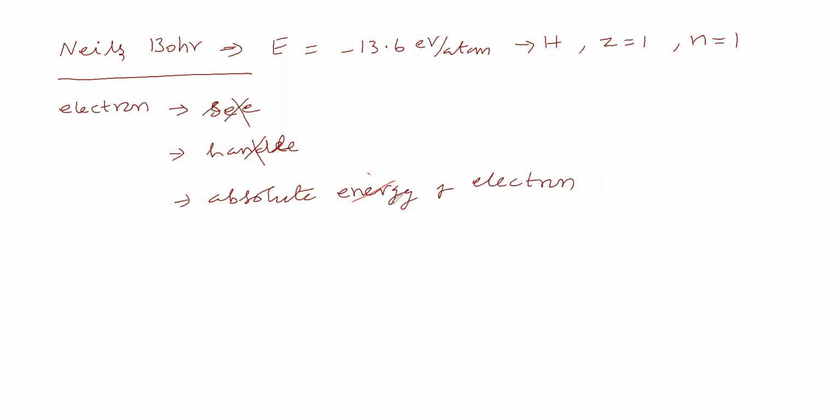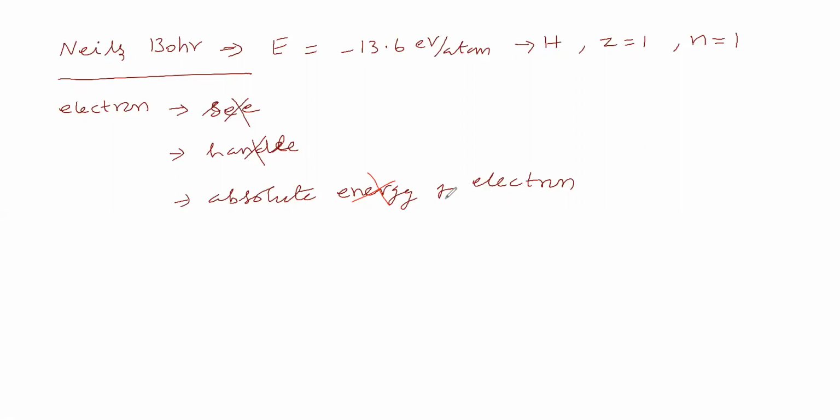We can't find the absolute energy of an electron. The electron does have energy, that is of course true. Its actual value we cannot find. The actual value of the energy of an electron we cannot find.